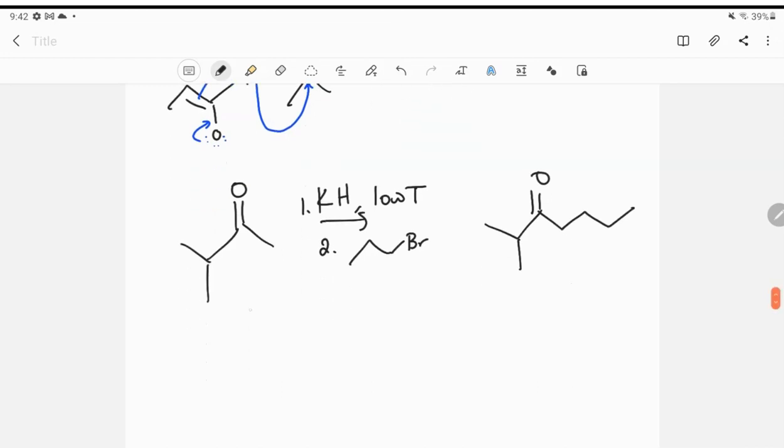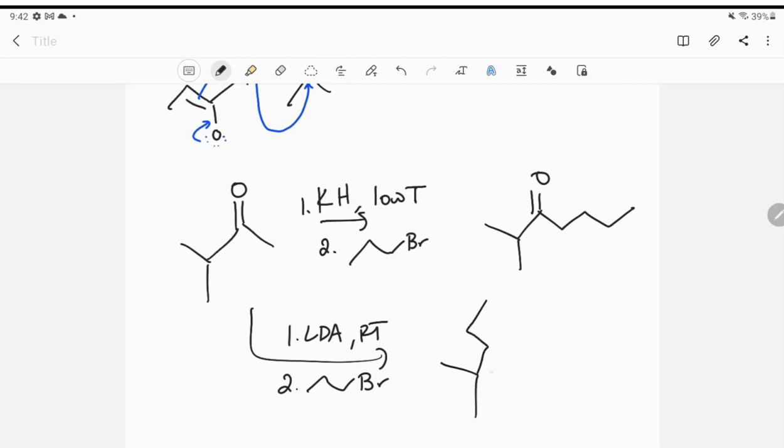However, if we treat this instead with LDA at room temperature, we end up, that's terribly ugly, but we end up with putting the alkyl group on the other side.